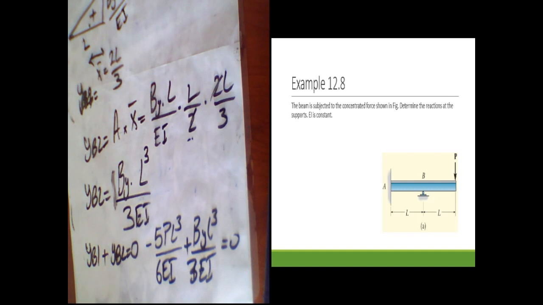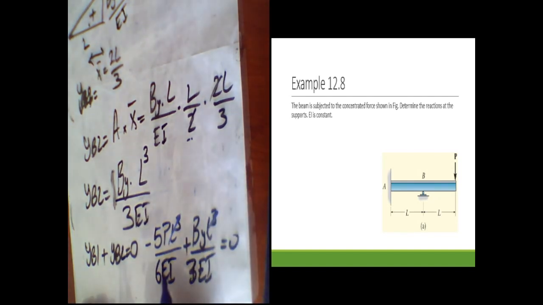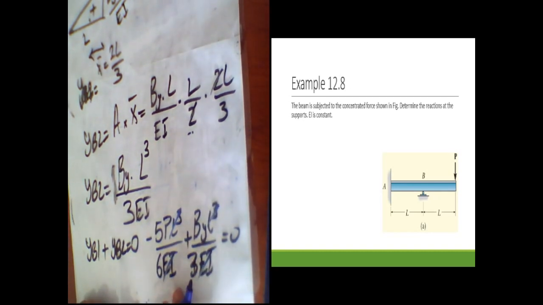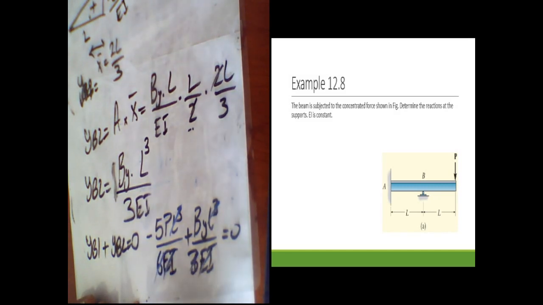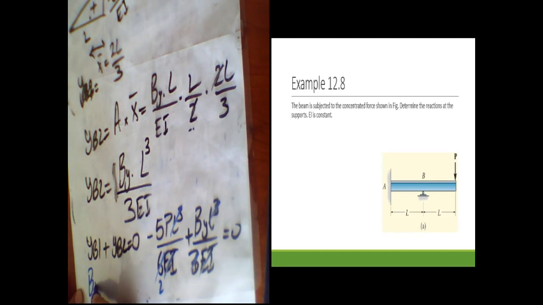I can see L cubed disappears, EI disappears. This term goes to the right side. Also this 2 disappears. I can see BY is equal to 2.5P.